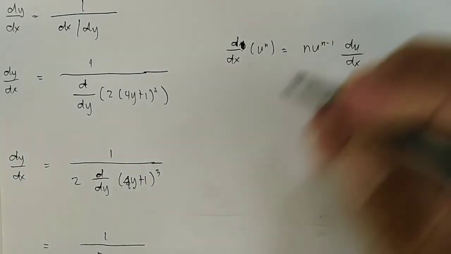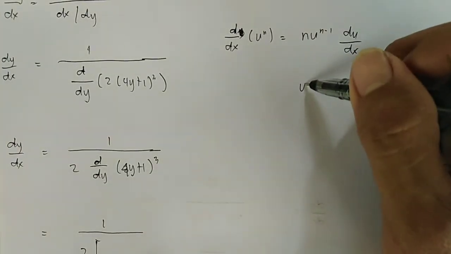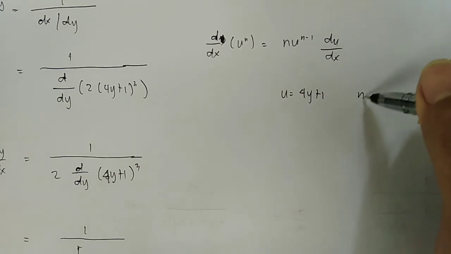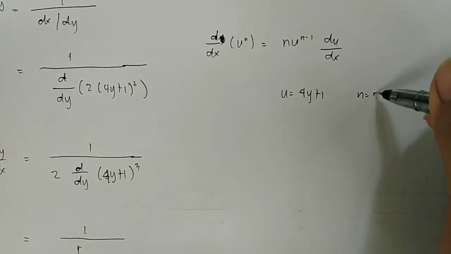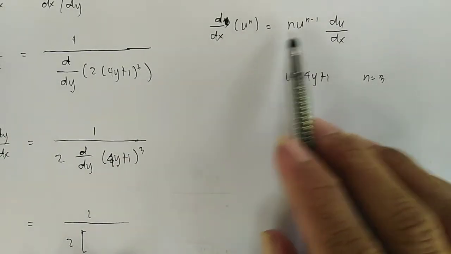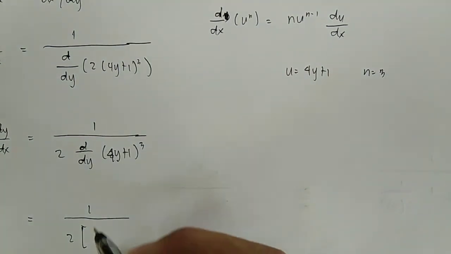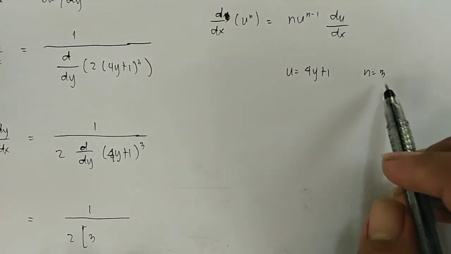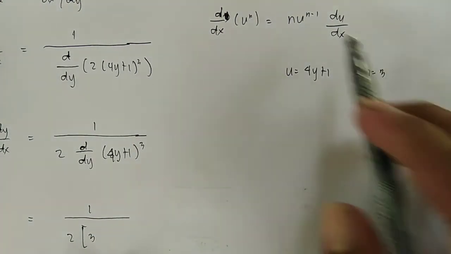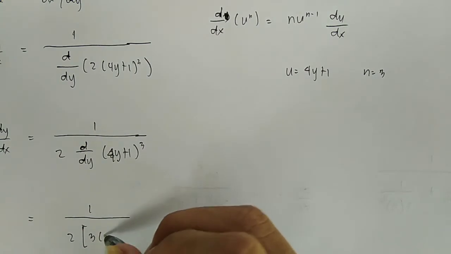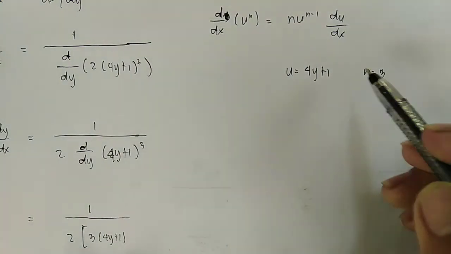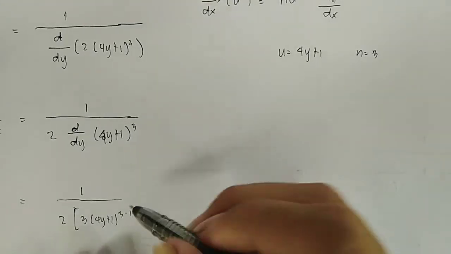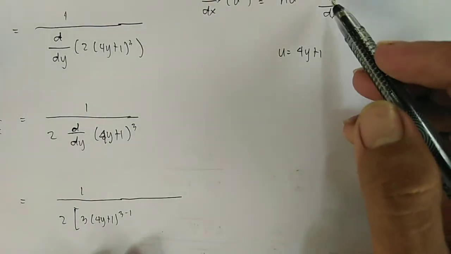So ibig sabihin, sa halimbawa natin dito, yung u natin ay equal to the quantity of 4y plus 1, and then yung n natin, yung exponent, ay 3. So pag substitute natin yan dito sa power rule, ang mangyayari dyan ay n, 3, then u, our u is 4y plus 1, then n minus 1, so 3 minus 1, then times derivative of u.